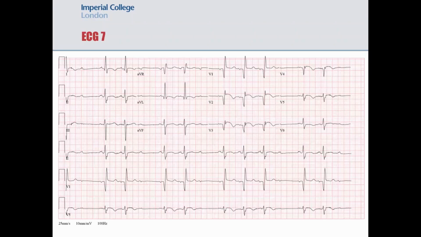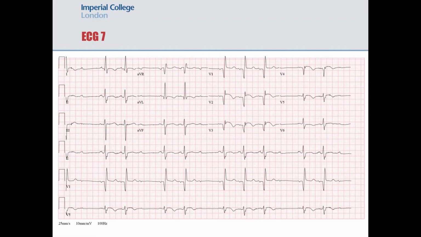So again, just look at the relation of the P wave and QRS complex in this one, and write down what you can see. A hint would be there's a large gap between 2 of the QRS complexes.